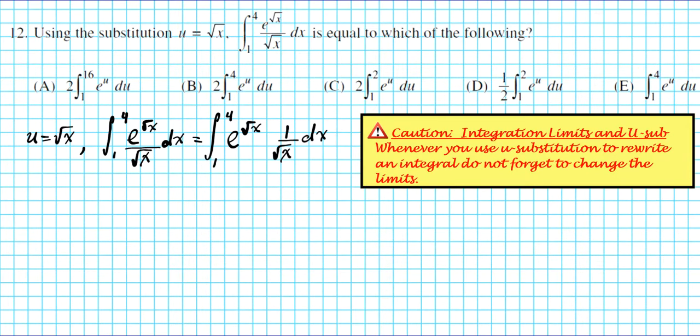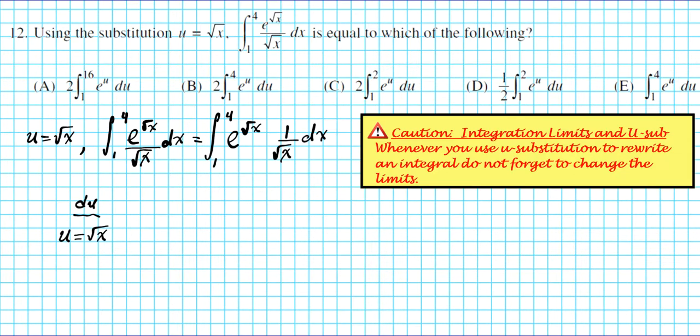Okay, now to do the U substitution, we need du to take care of that piece. We already know what u is, rad x. And then we also have to alter our limits of integration. Okay, so let's split it up into two parts. Let's find du first. So we have u equals rad x.